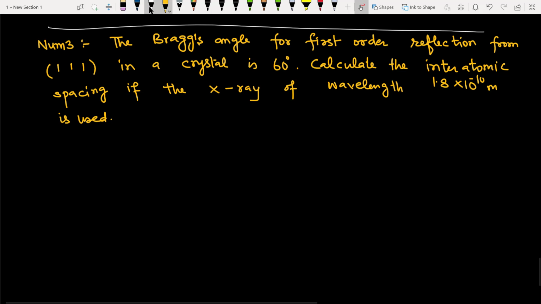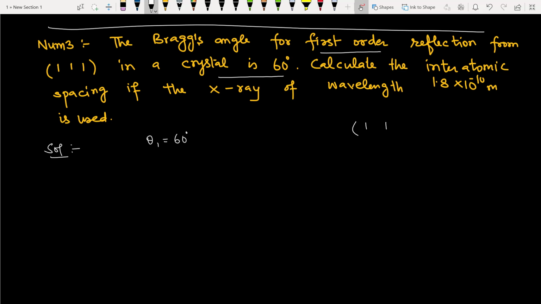This numerical is different from the previous ones because in the previous questions we were to calculate the angle of diffraction, but here the angle of diffraction is given for first order. So theta 1 is given to be 60 degree and our plane is 1 1 1, so h is equal to 1, k is equal to 1, l is equal to 1.